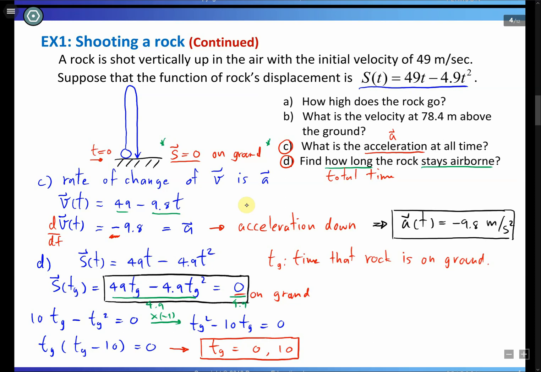And it comes back down at t equal to 10. And that's why the total time for this flight, right here, let's answer. Total time equal to 10 seconds for the rock to go up, get to the top, and come back down. And that is the answer for question D.